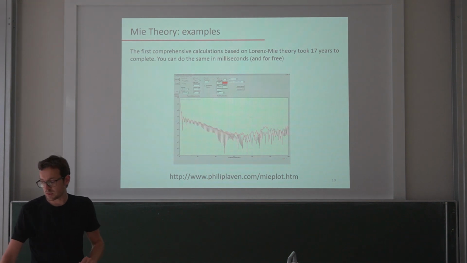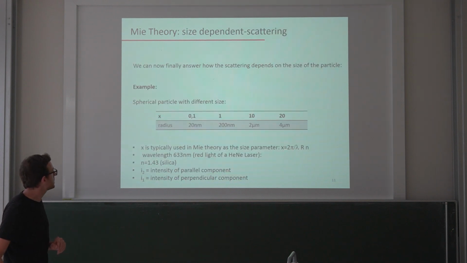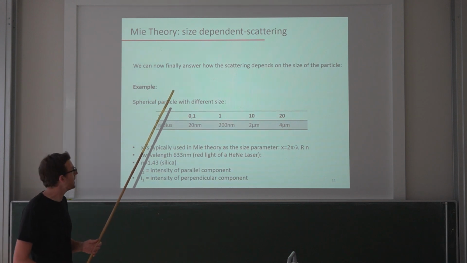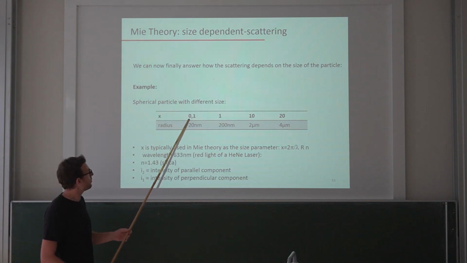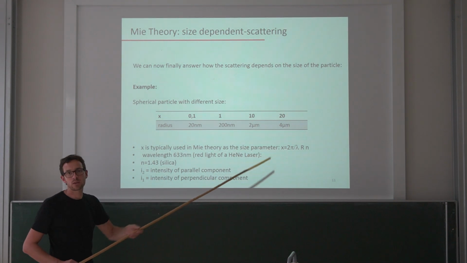What I want to do is discuss some very fundamental insights of the theory. So what we do is we vary this parameter x that encodes the size of the particles in a way that we cover radii starting at 20 nanometers to 4 micrometers.